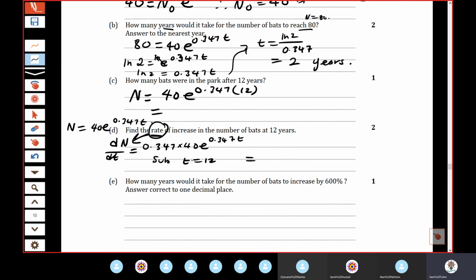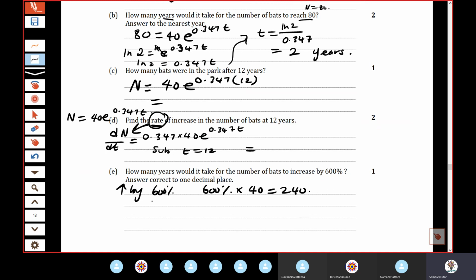For it to increase by 600%, so what is 600% of 40? Well, that's 6 times 40, which is 240. So it needs to increase by 240. So therefore n needs to equal 40 plus an increase of 240. We need to have 280 bats. That's what it's saying. Increase by 600%.